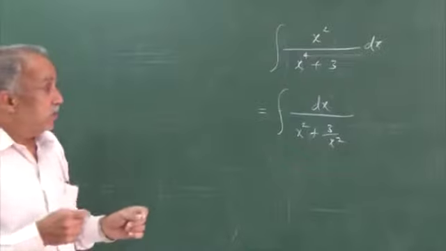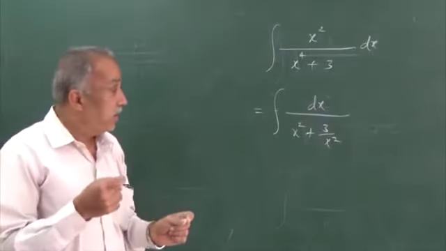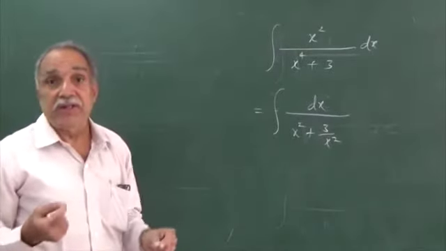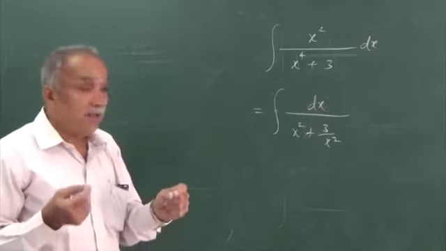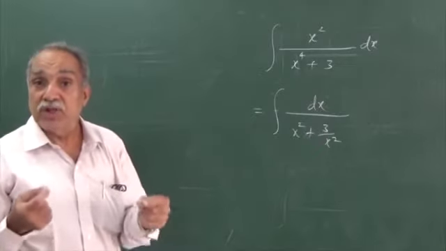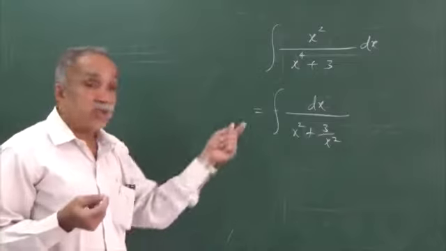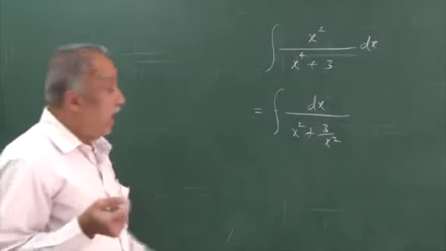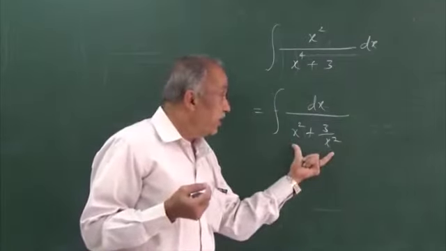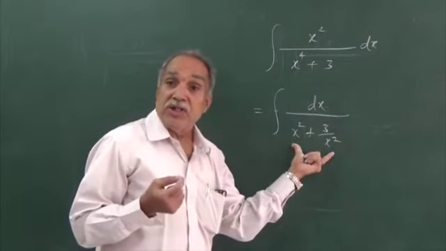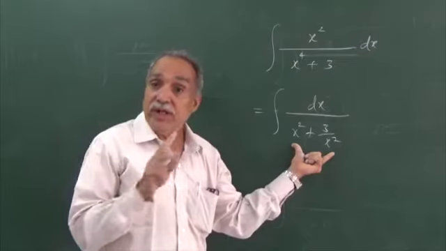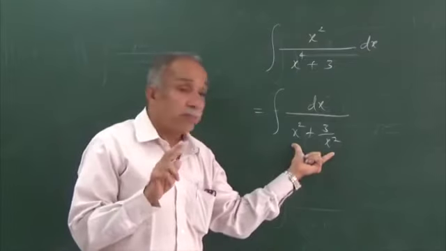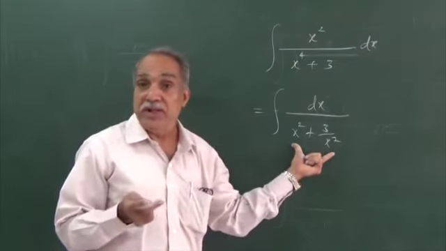This has not complicated the situation. We are actually directed towards simplifying the integrand. We are preparing ourselves to take the help of a substitution to effect simplification of this integrand. I see that this denominator is expressible in terms of either of the two, x plus or minus root 3 by x.